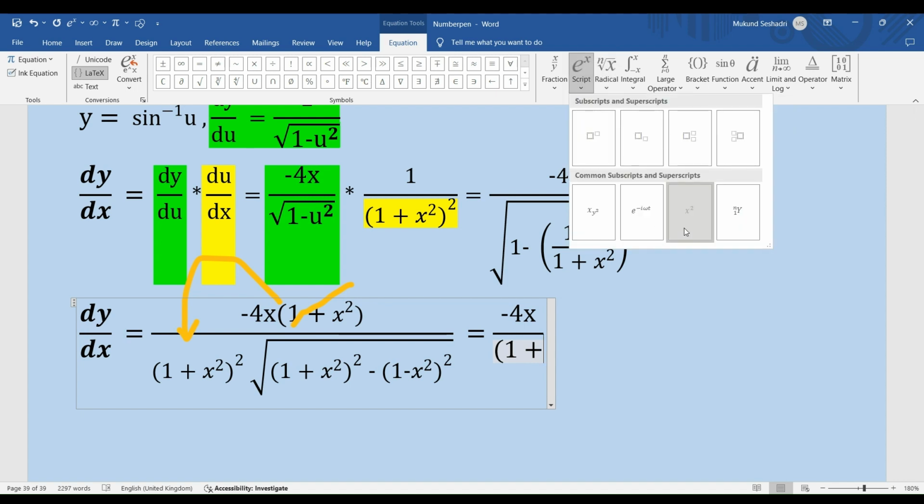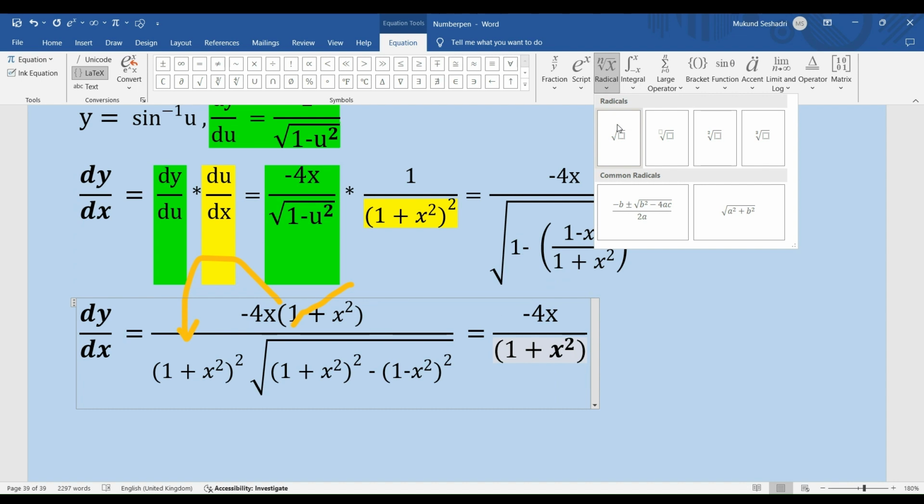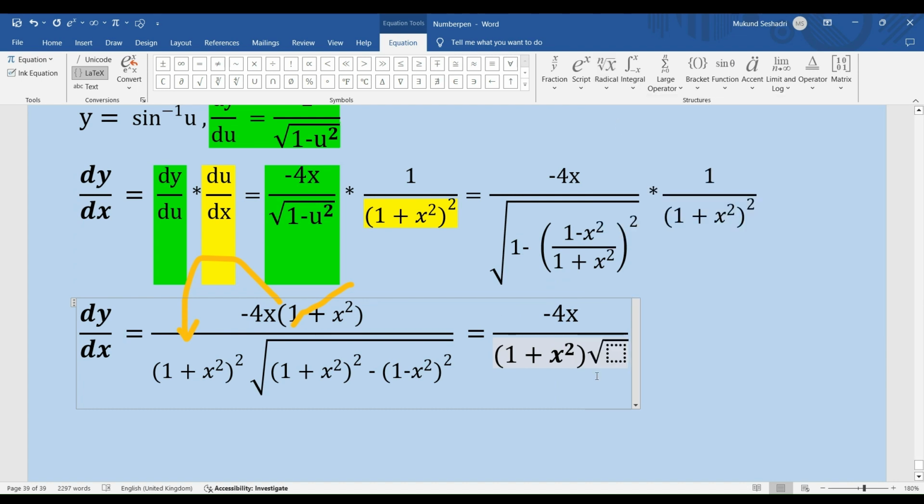And then what do we do with the term inside the square root, right? So my 1 plus x square the whole square minus of 1 minus x square the whole square is nothing but a square minus b square, which is a minus b into a plus b, right?